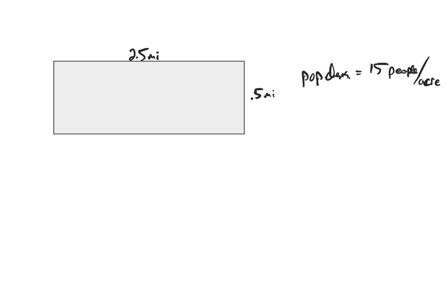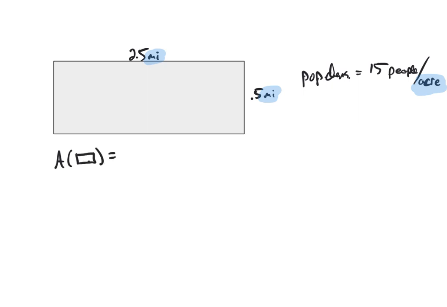Now the challenge for us this time is that they give us the length of the park in miles, the width of the park in miles, but they give us our population density in terms of acres. Okay, so what we need to do is start by finding the area of the park. Once again, it's a rectangle.